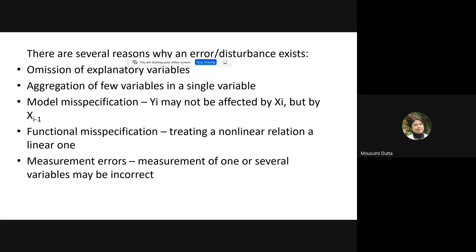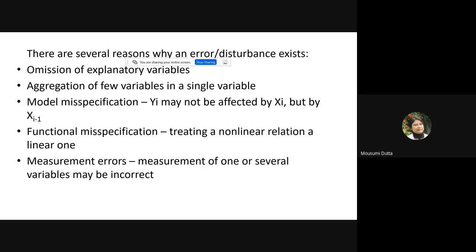Since you are not considering a number of explanatory variables which may heavily affect the demand for the concerned commodity, this omission of the explanatory variables creates a distance between the scatter and the line, or generates the error.